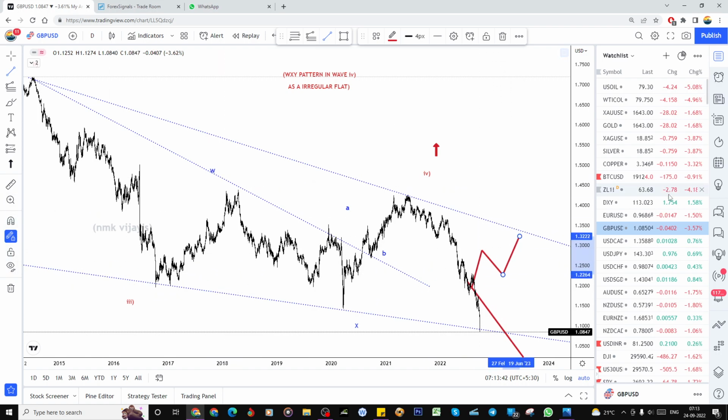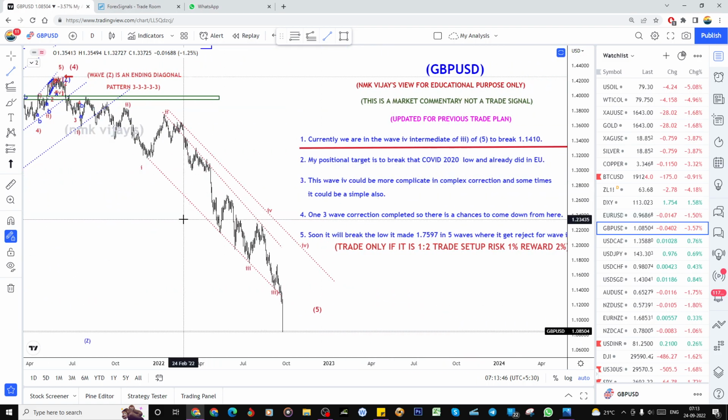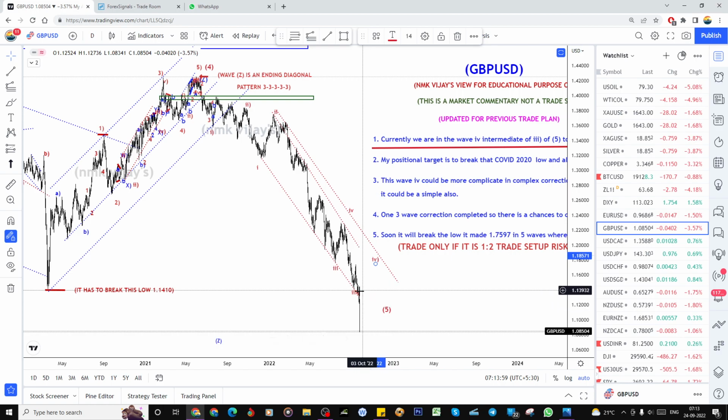So now the target could be in the diagonal formation. So I did 1, 2, 3, 4, and beyond the fifth wave. Here I thought it could be the bigger fourth wave, but it failed. So what could it be? Again, this is a 3.